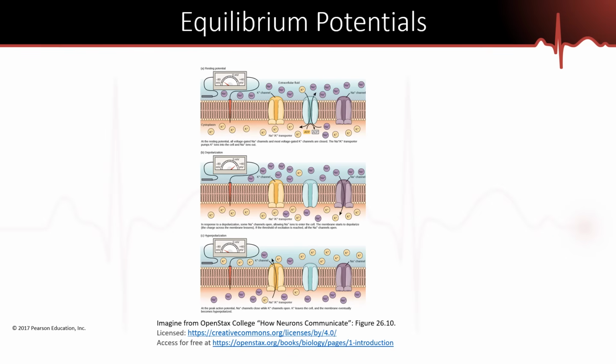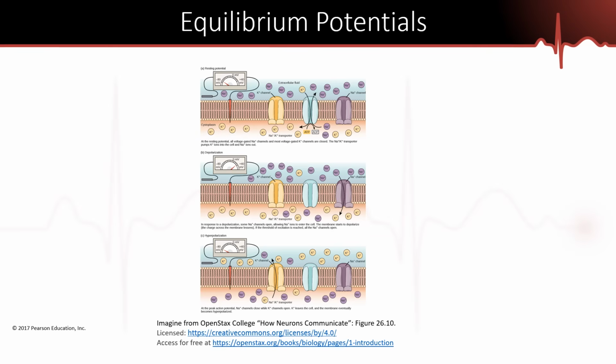The next step in understanding how the resting membrane potential develops involves discussing what are called equilibrium potentials. Equilibrium potentials involve isolating and looking at one specific ion and how the chemical and electrical driving forces will influence that ion's movement into or out of a cell.